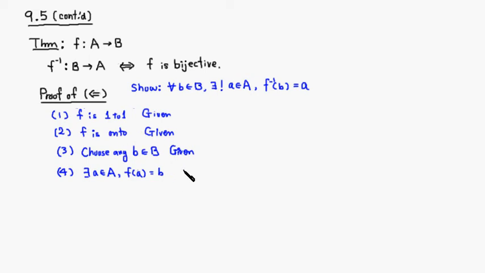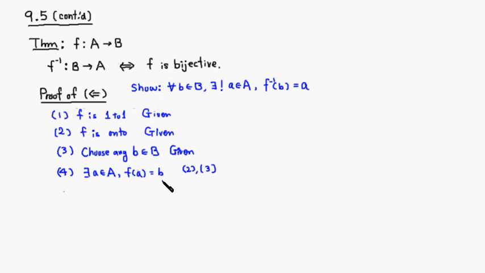Since this comes from, let's see, F is onto, so I'm using 2 and line number 3, right? And 5.